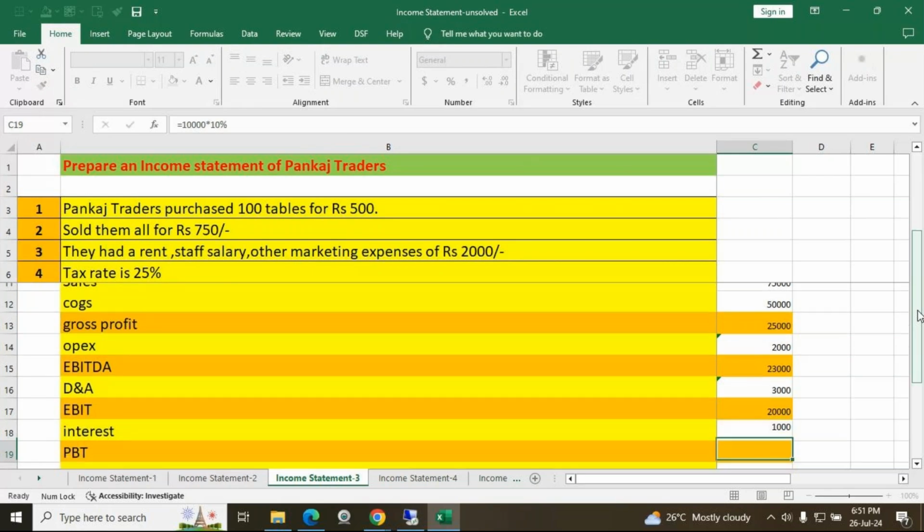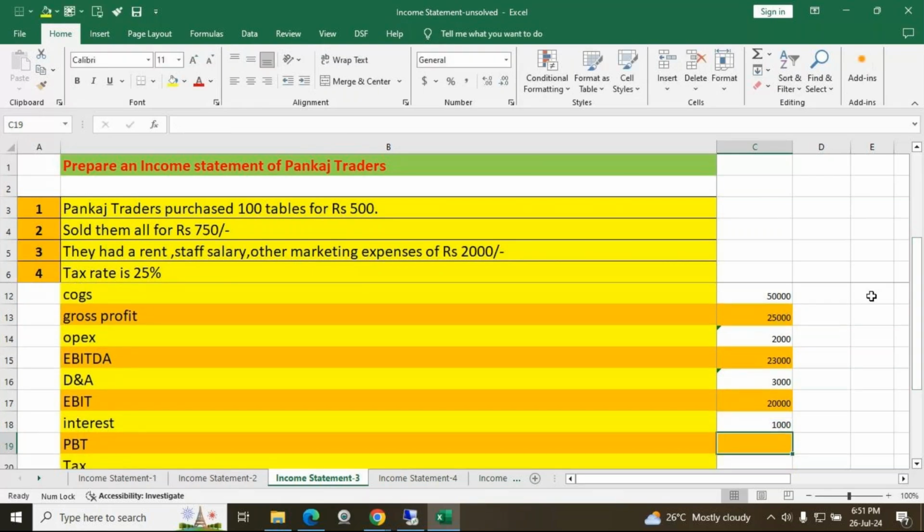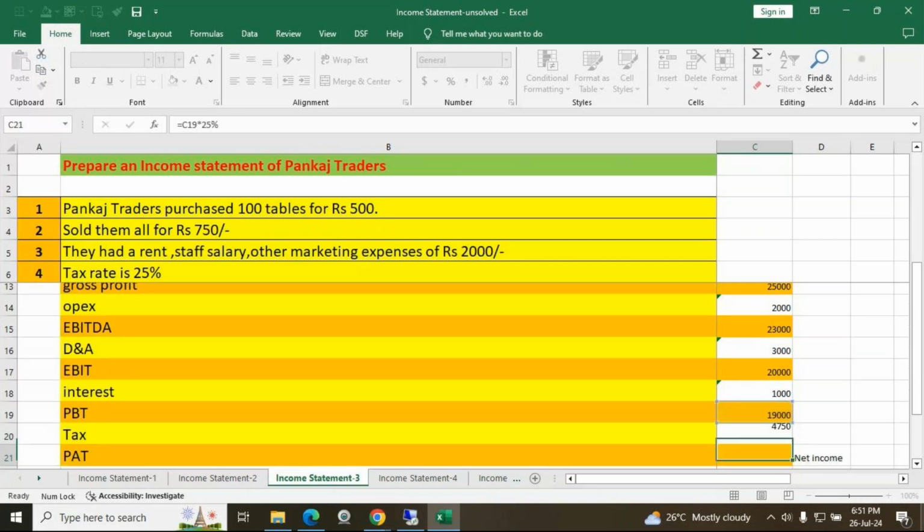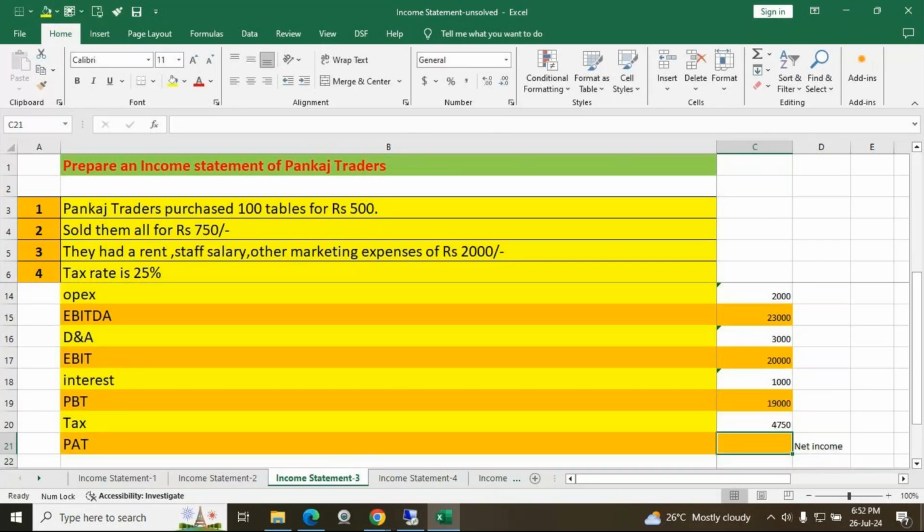Very good. So PBT, profit before tax, will be EBIT minus interest. So tax will be 25% on profit before tax. Profit after tax will be PBT minus tax.